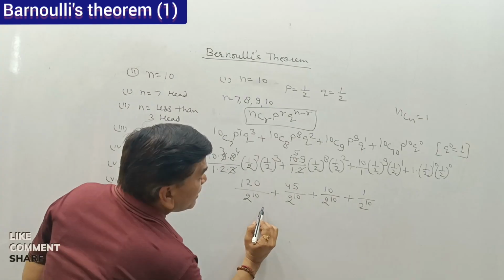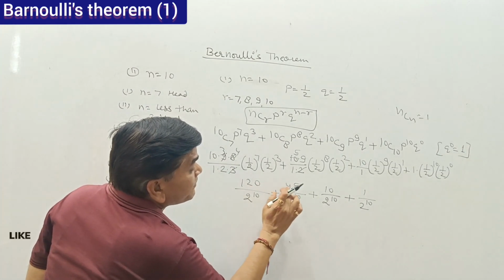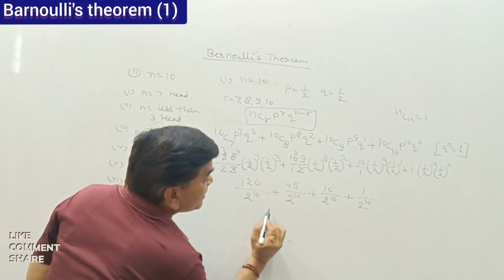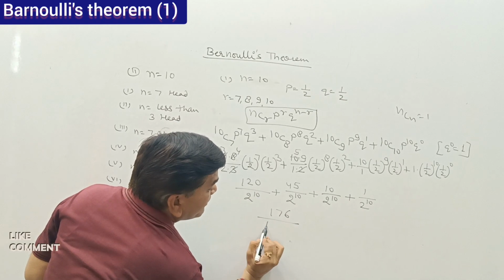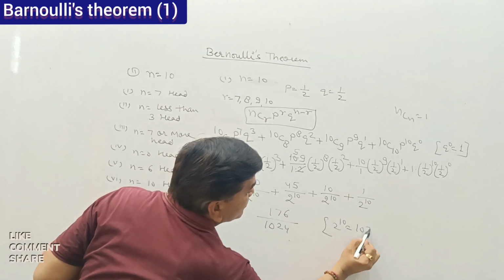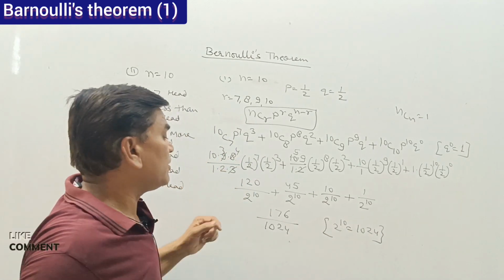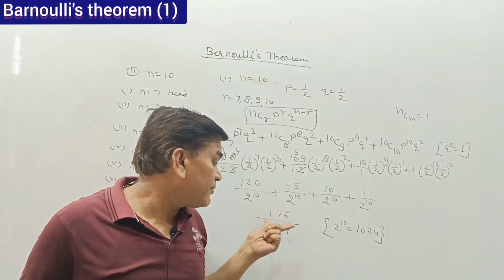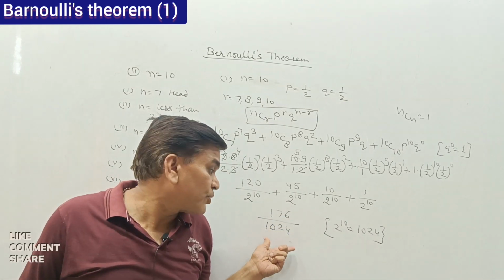So this will be 165, 175, 176 divided by 1024, as we know 2 raised to power 10 is 1024. So the probability of this will be 176 divided by 1024.